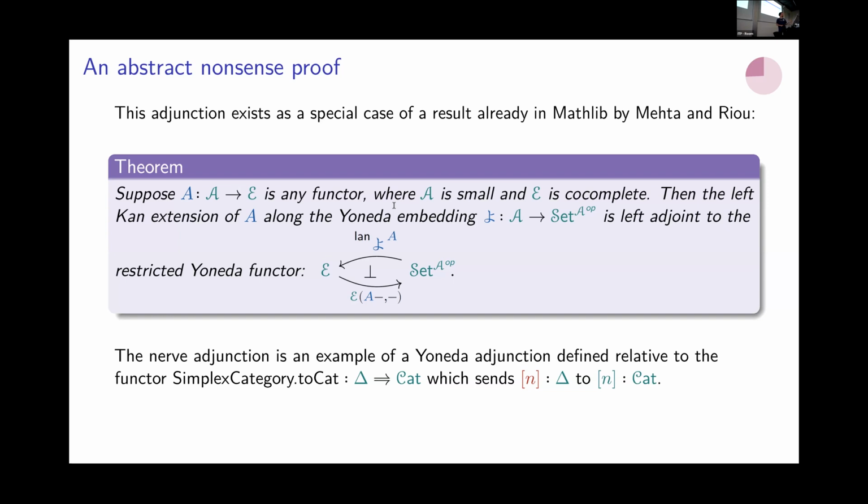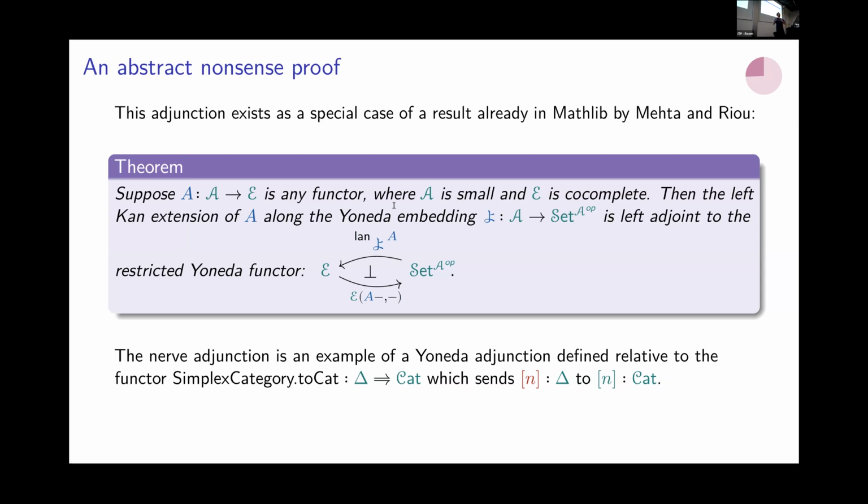If you have any functor from A to E, where A is small and E is cocomplete, which is to say that it has all colimits, then the left Kan extension of the functor is the left adjoint of this application of E. So this thing exists, and it gives us the left adjoint that we're looking for.